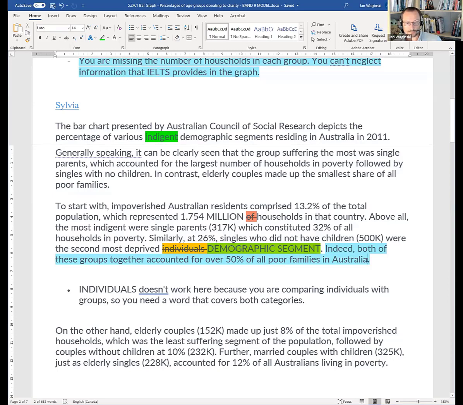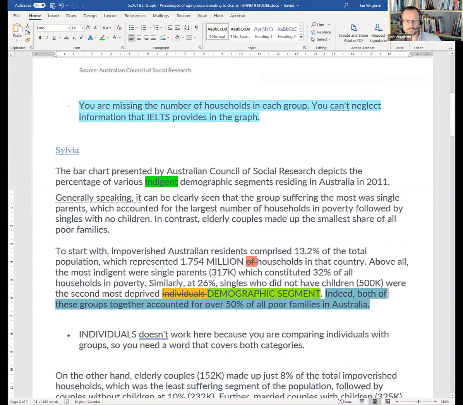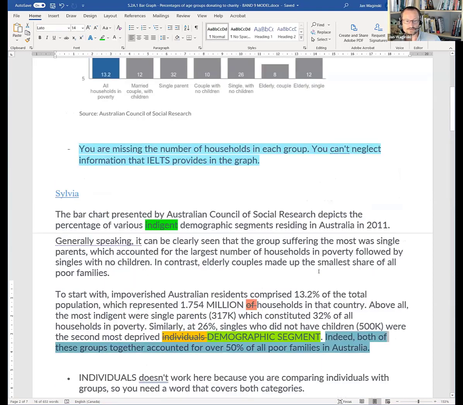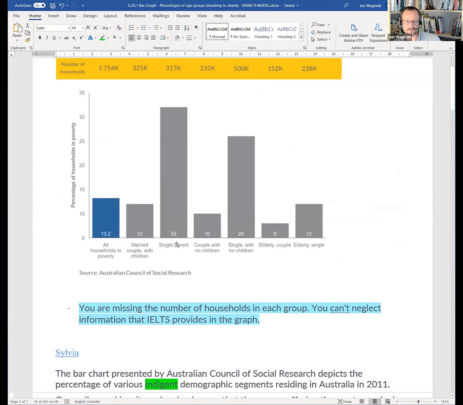And only a couple people picked up on this. So this is the kind of comparison that IELTS expects you to make, noticing these kinds of things. Both of these groups together accounted for over 50% of all poor families in Australia. So what is she talking about? She's talking about singles who don't have children and single parents. So single parents, 32%, and singles with no children.